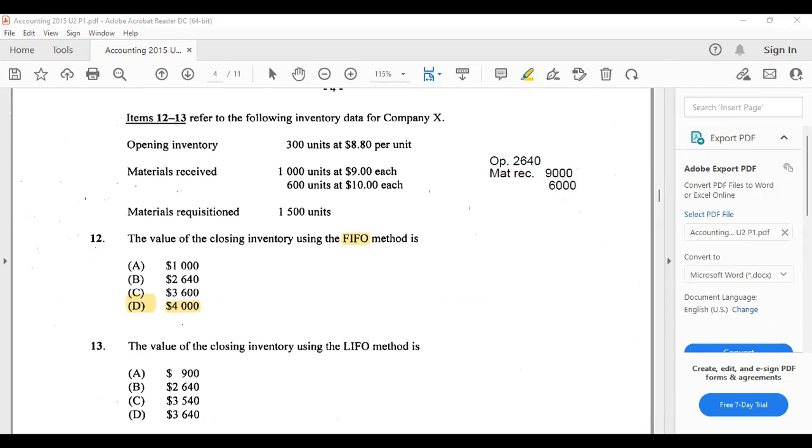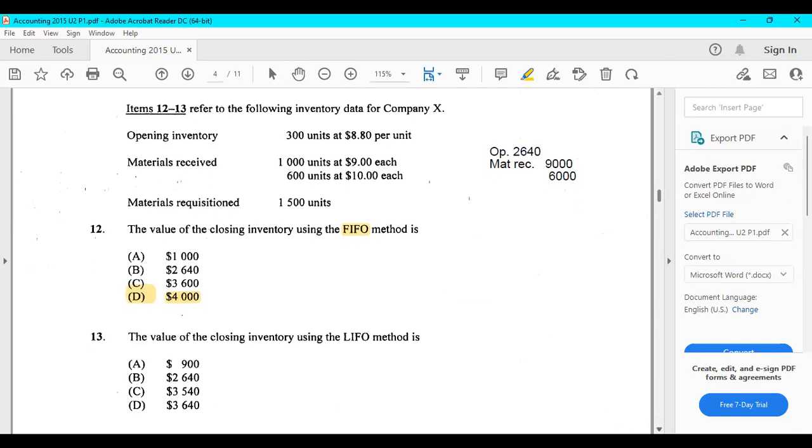All right, here goes. The value of closing inventory using the LIFO method now. So we're using LIFO. Last in, first out. Remember, that's what LIFO is. Same information.